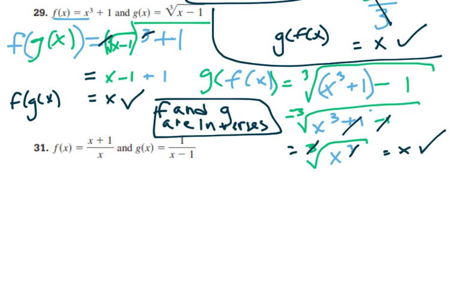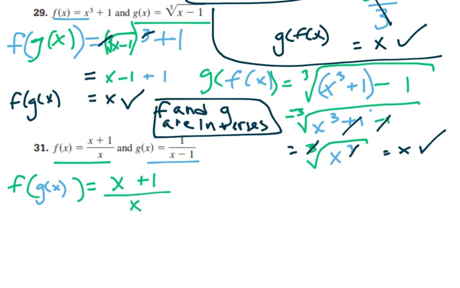All right, so then our next piece here, again, finding composites. We have the f of g of x, which leaves us with the f equation that we replace each of the x's with the g equation.